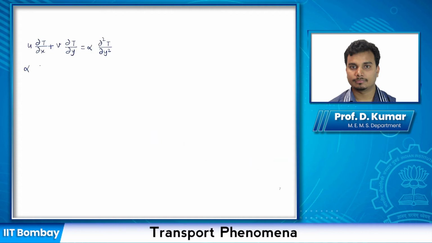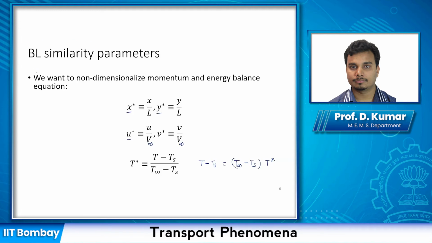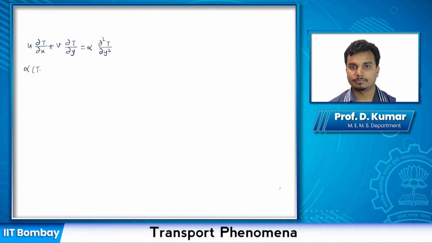So we can write alpha times T infinity minus Ts, and then you have ∂²T star. And similarly, y squared will be y star squared times L squared. So you will have L squared.